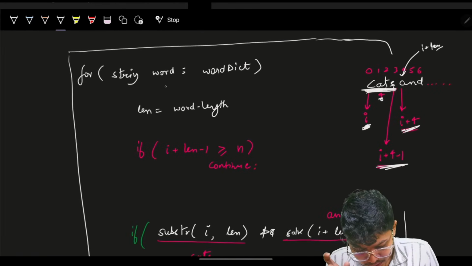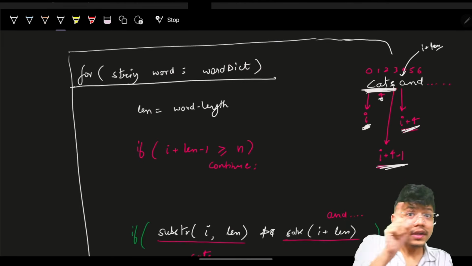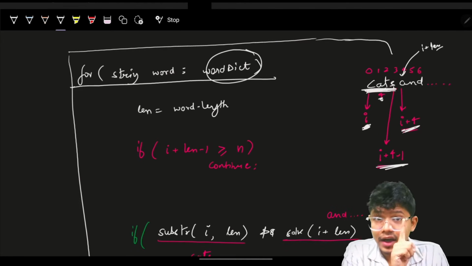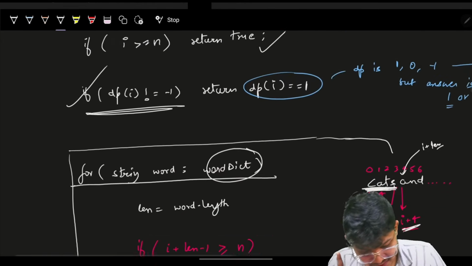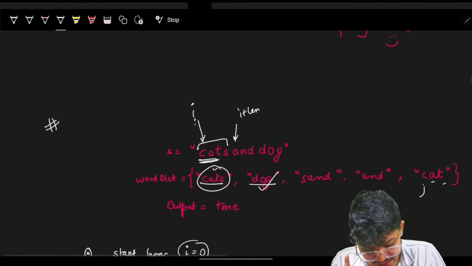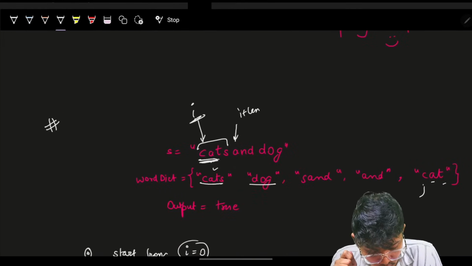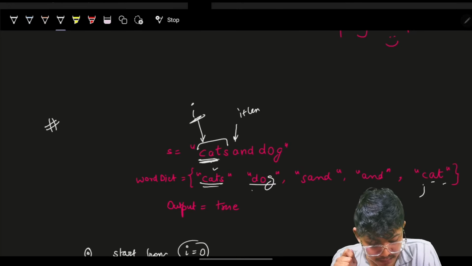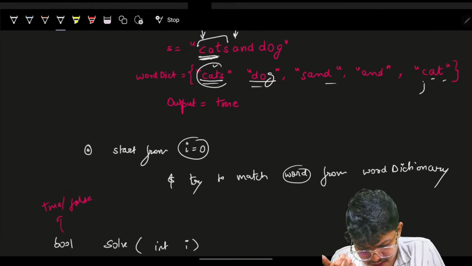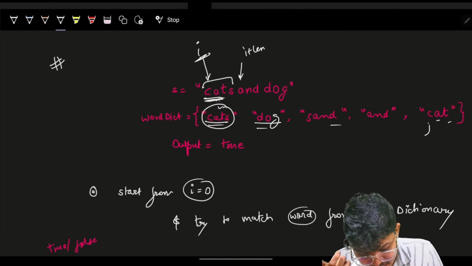Now comes the interesting part. You saw that I will go and try all the words in the word dictionary for that specific index I, and I just have to check if that specific word matches.